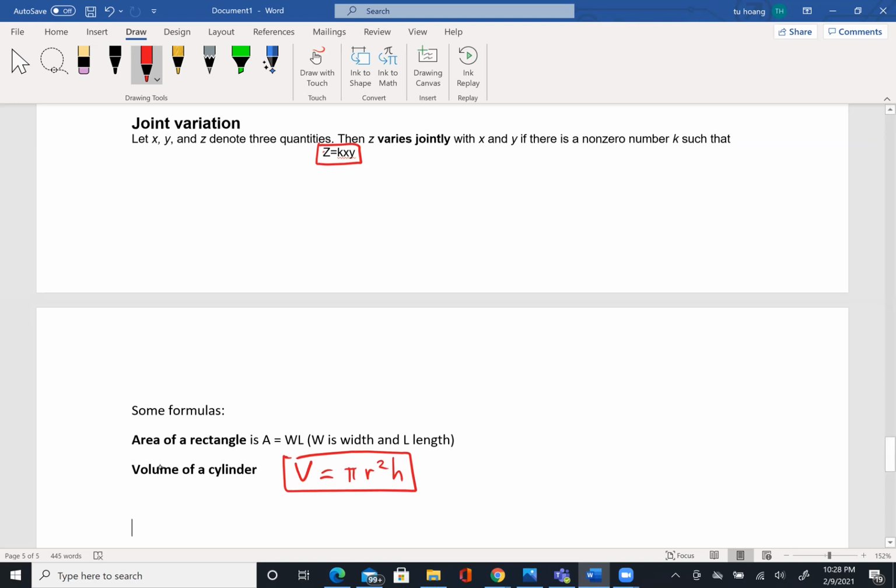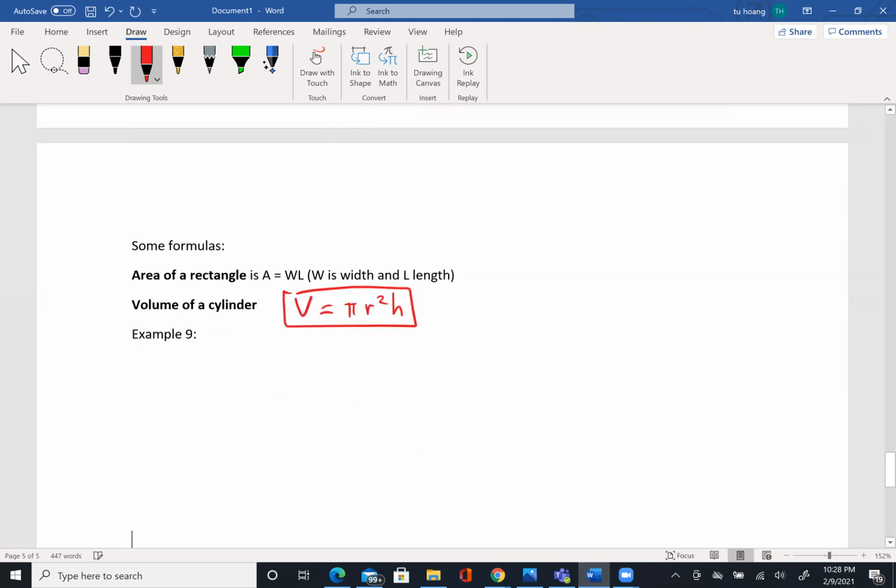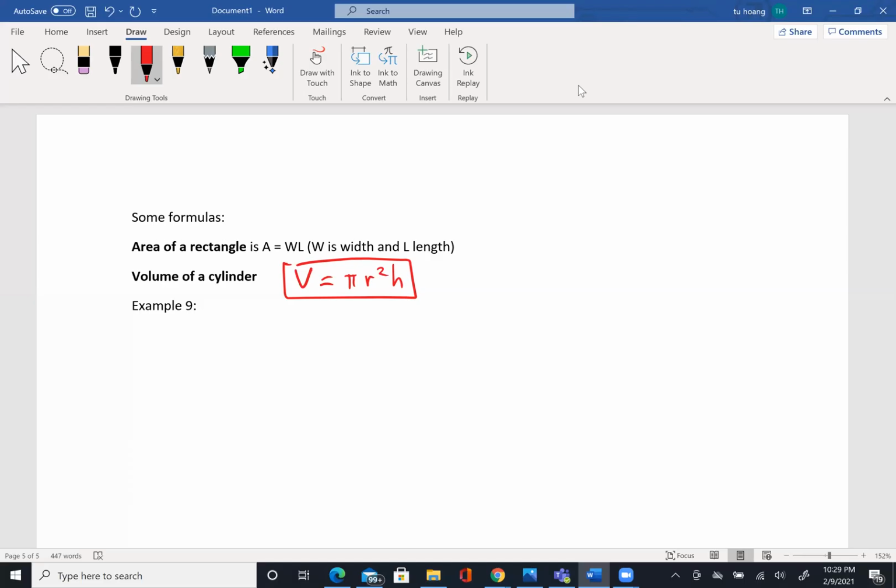Okay, so now let's do an example. Example 9. Let me draw it. Here is a rectangular beam.